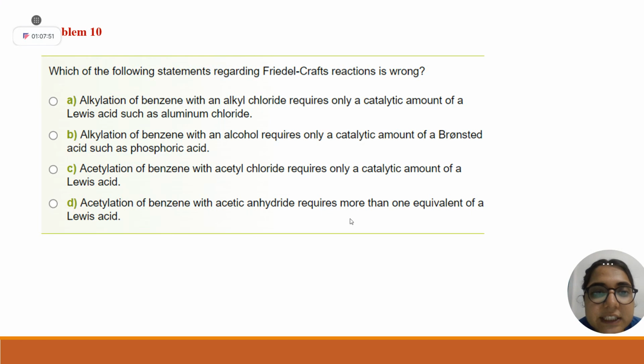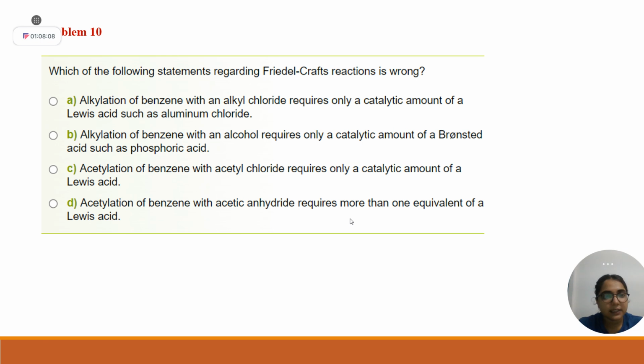Which of the following statements regarding Friedel-Crafts reaction is wrong? Maybe this question may be MSQ, multiple select answer. Let me read for you.